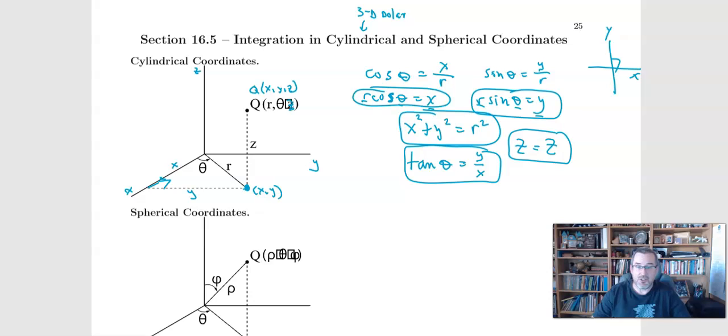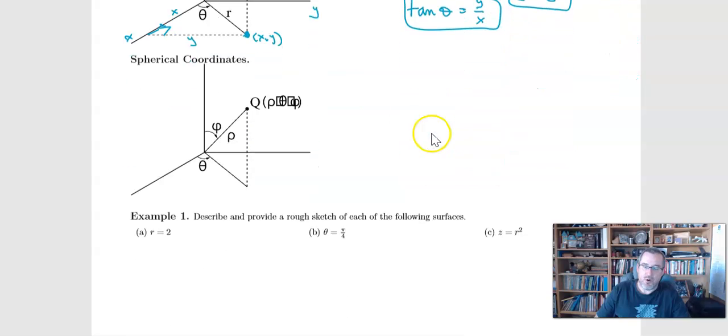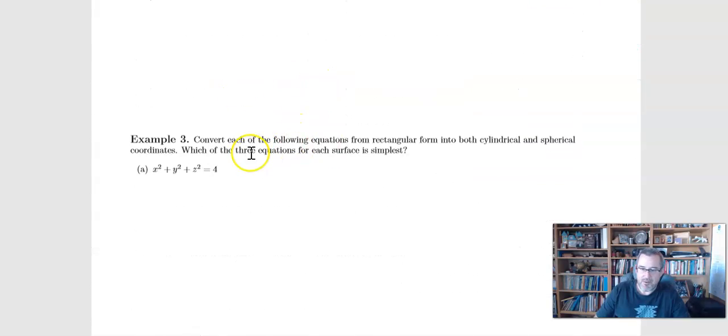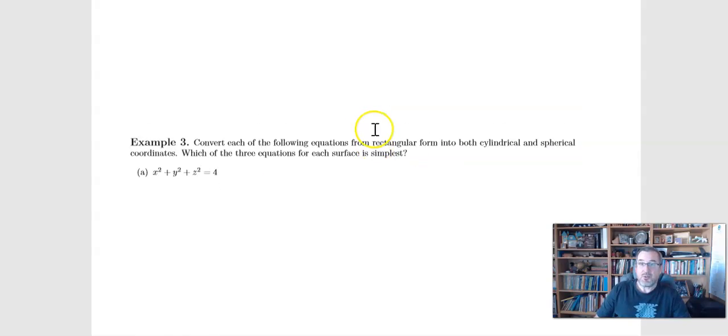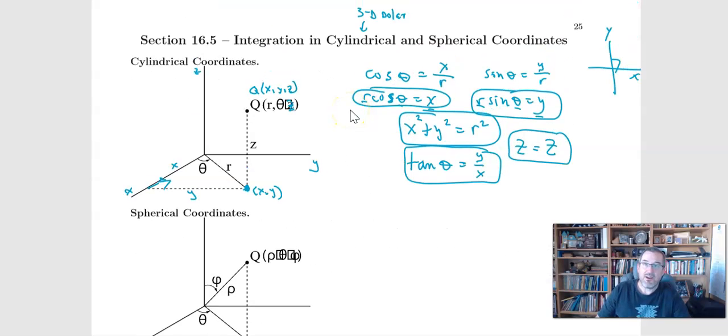They're cylindrical in shape. So the z is just the same as it was in rectangular: z equals z. Okay, now we're going to do some work. We'll do some examples where we use cylindrical coordinates, and then we'll repeat this whole process with spherical.